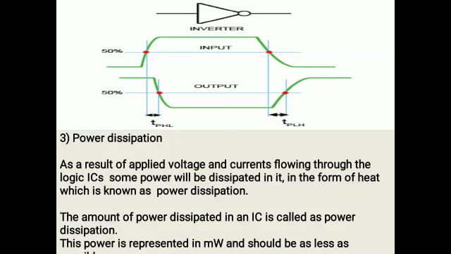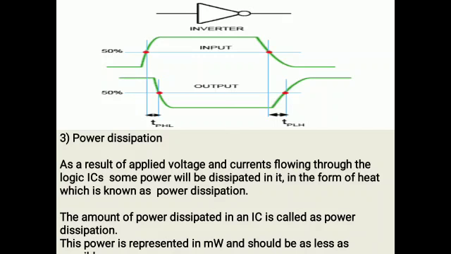Third is the power dissipation. As soon as we apply the input voltage to the gate, there will be current flowing through it, which will cause some power to be dissipated in it. This power is in the form of heat.